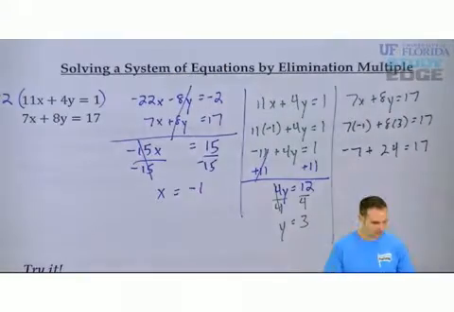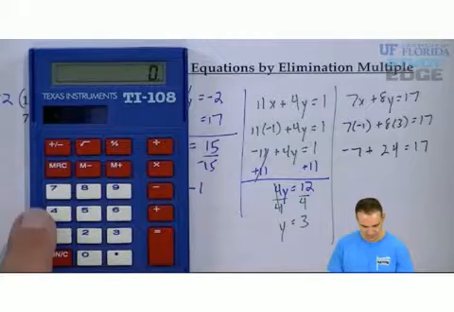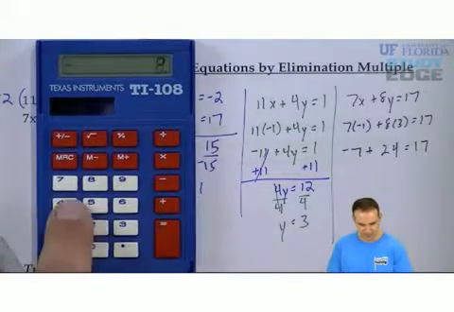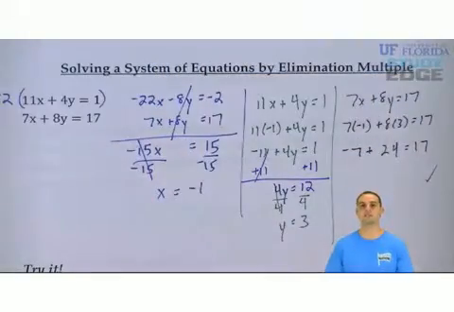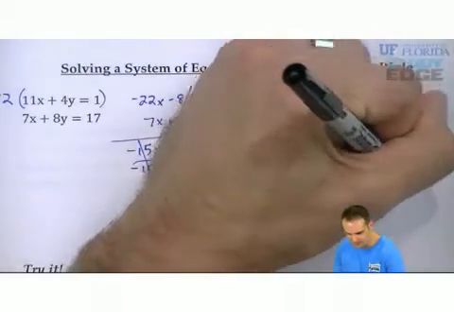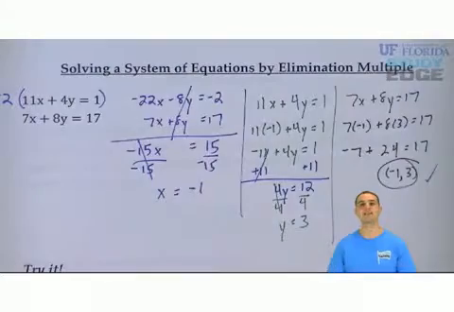And negative 7 plus 24 gives you 17, and it checks out. So the final answer would be x is negative 1 and y is 3.